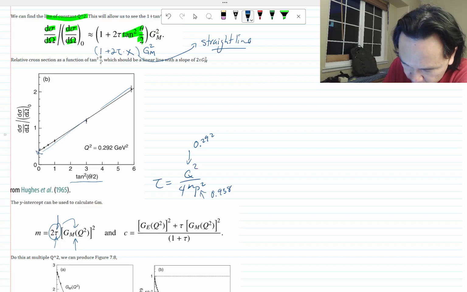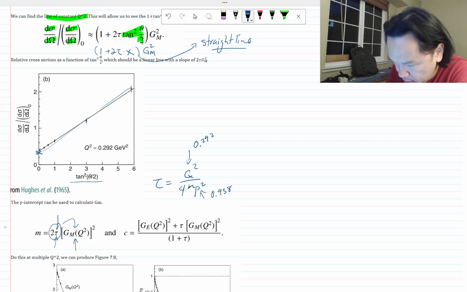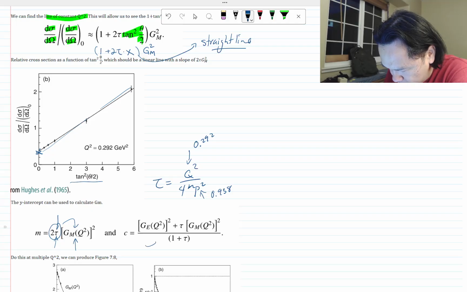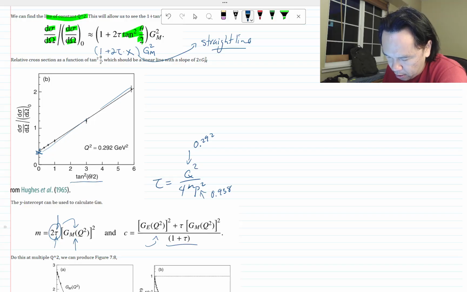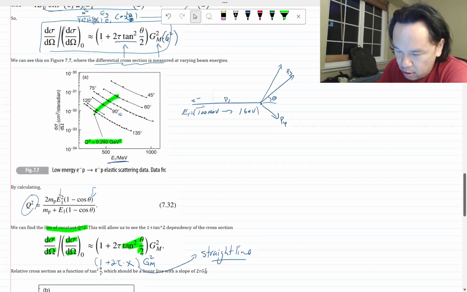In fact, the y-intercept here is this part. The y-intercept of that straight line will also tell you what GE squared plus tau GM squared over 1 plus tau is, because that came from all the way back.